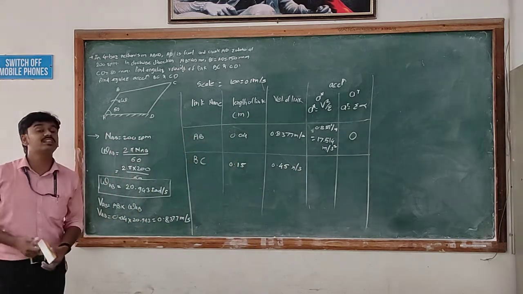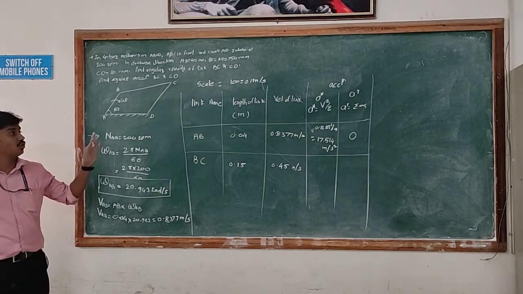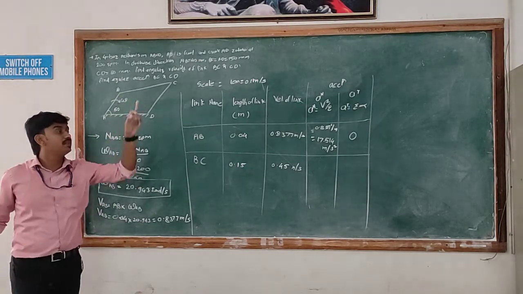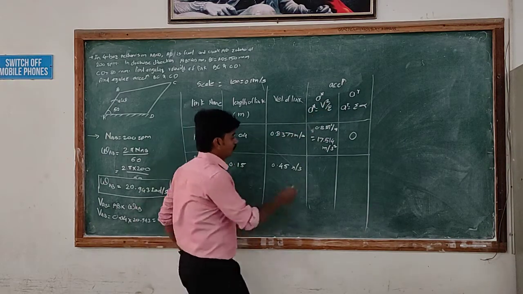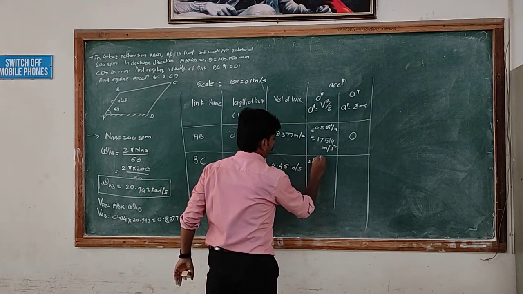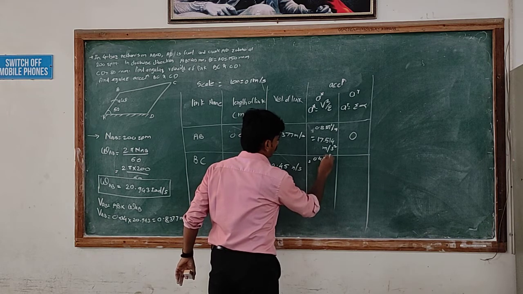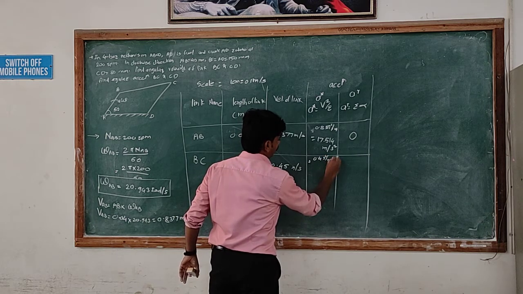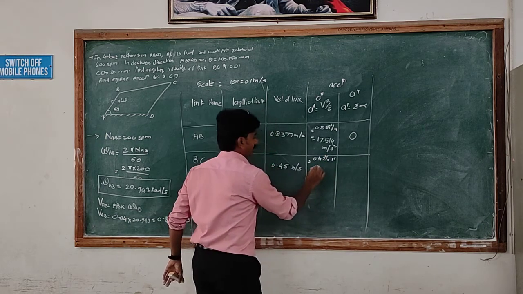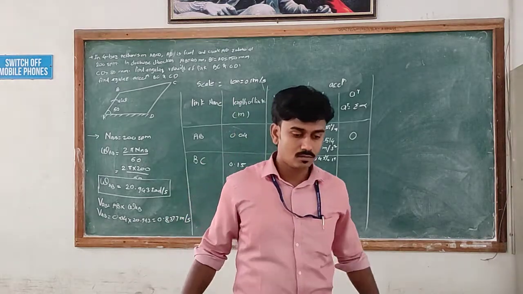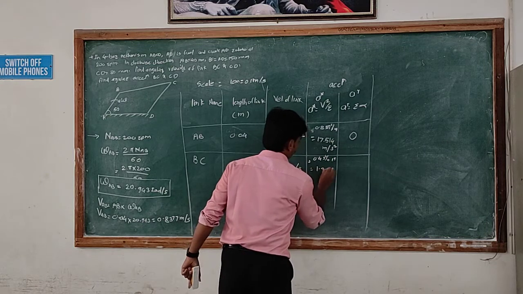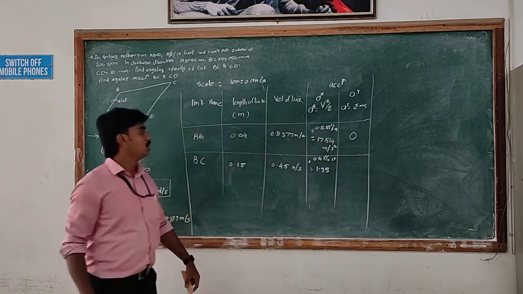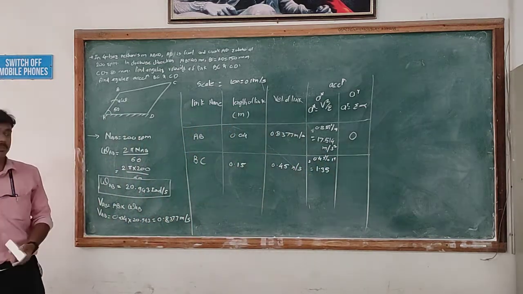We have to calculate the normal component of this link BC. We have the formula v square upon r. So it becomes 0.45 square divided by 0.15, and it becomes 1.35 meter per second square.